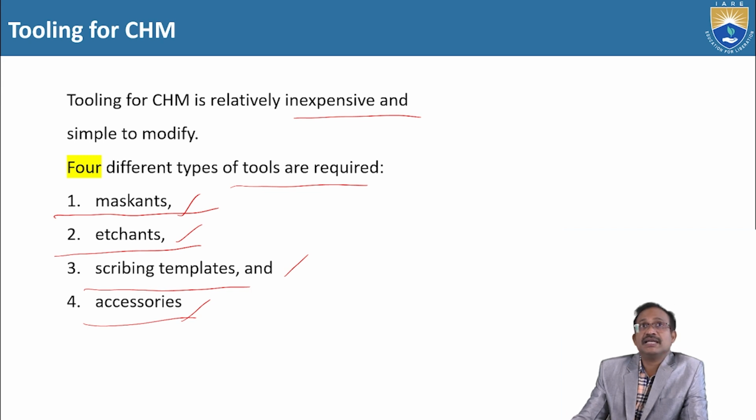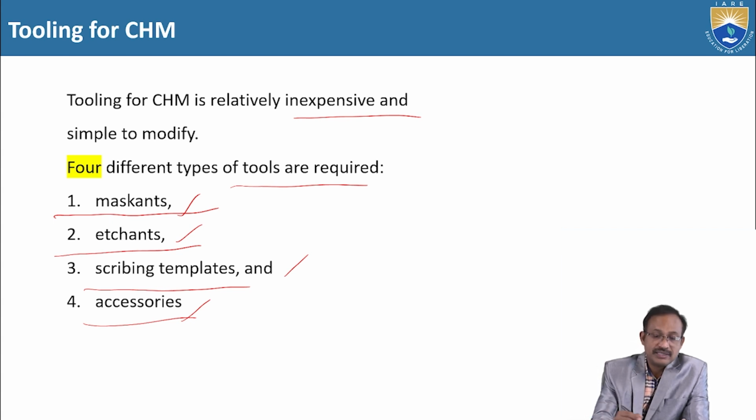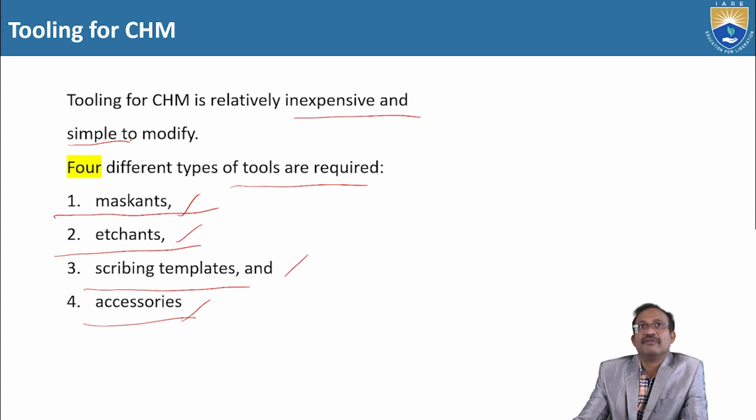Now let us discuss the tooling for chemical milling. Tooling for chemical milling is relatively inexpensive and simple to modify. There are 4 different types of tools required. First one is maskants, second one is etchants, third one is scribing templates, fourth one is accessories.